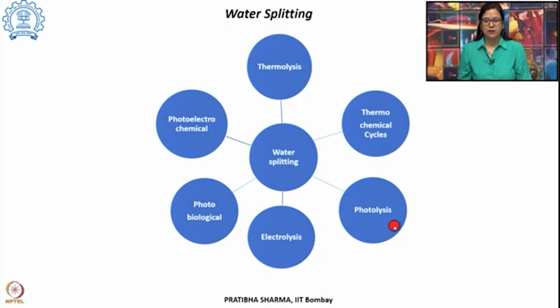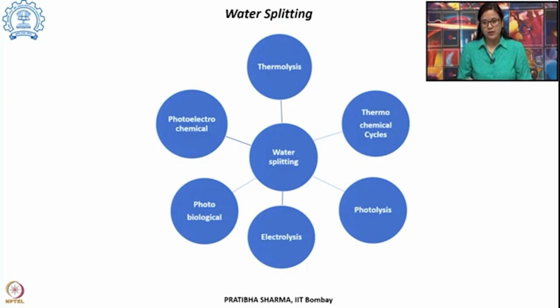By means of light, that much amount of energy is being provided, then photolysis. With electrical energy input, electrolysis. If it occurs in biological systems with the help of light, photobiological. Certain electrochemical processes occurring with the help of light, then photoelectrochemical processes.